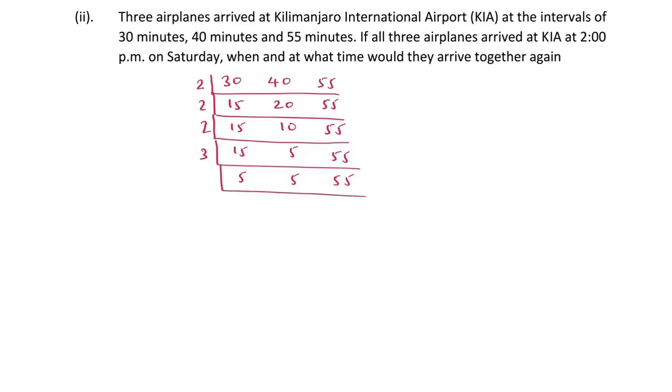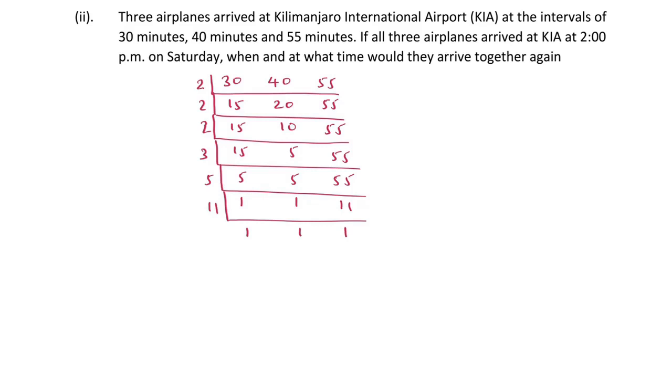Our next number is 5, so the value here is 1, and here is 1, and here is 11. And our next number is 11, so dividing here is 1, and here is 1, and here is 1.